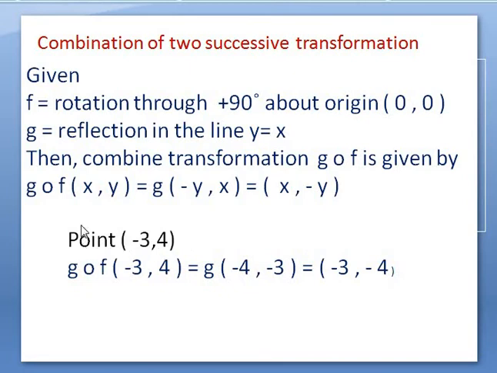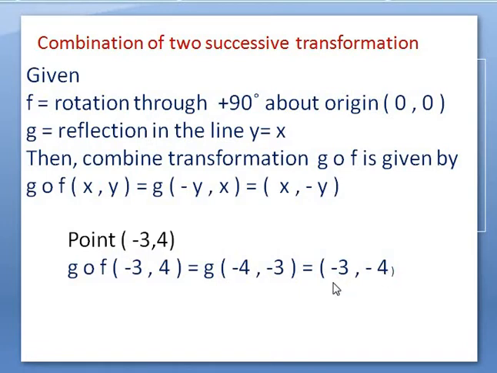Let us see an example. The point is (minus 3, 4). So the image of this point under this combination gof, the object point is (minus 3, minus 4). Rotating the object point through plus 90 about origin, we get (minus 4, minus 3), and again this image is transformed by the reflection in the line y equal to x.